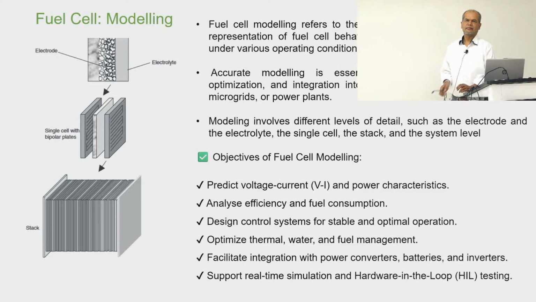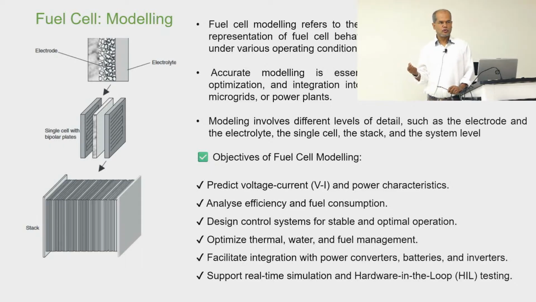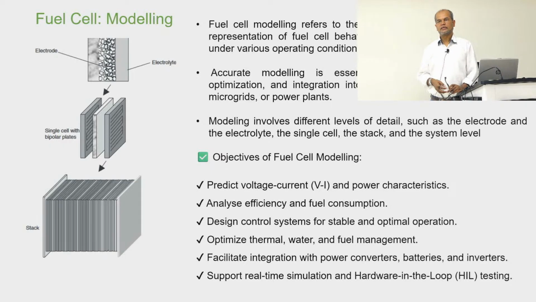So, the first requirement is that you have to have accurate modeling. Unless you have accurate modeling, whatever control, design, optimization you do, if you implement it in the real system, you are not going to get your desired performance. So, that is why modeling is quite important.